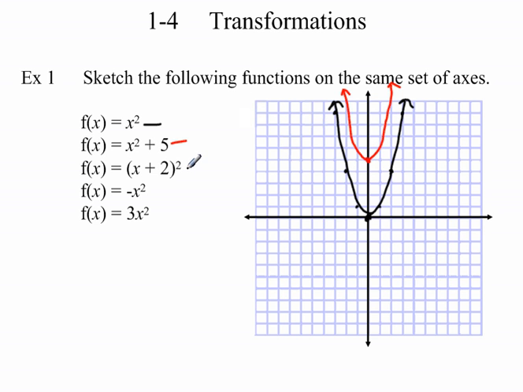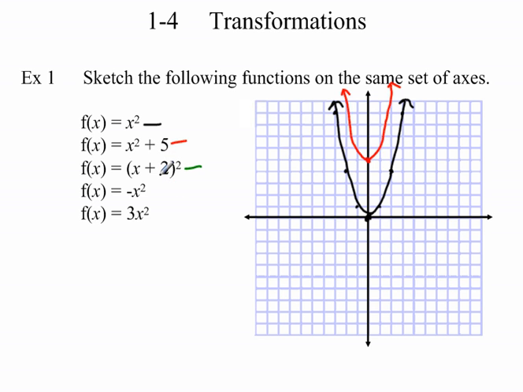This third function, y equals, or f of x equals, x plus 2 in parentheses squared. Now, adding 5 out here ended up shifting our graph up. Adding 2 in here is going to shift our graph as well, but it won't be 2 units up. Our first instinct would be that this is 2 units to the right. However, it actually ends up being 2 units to the left.